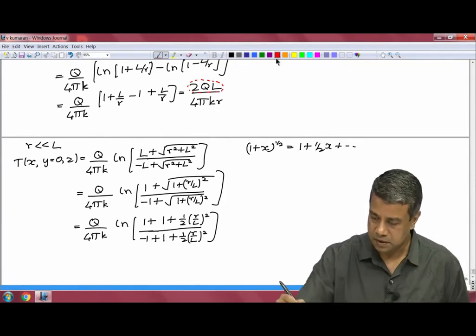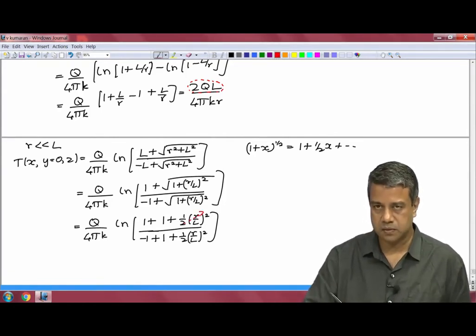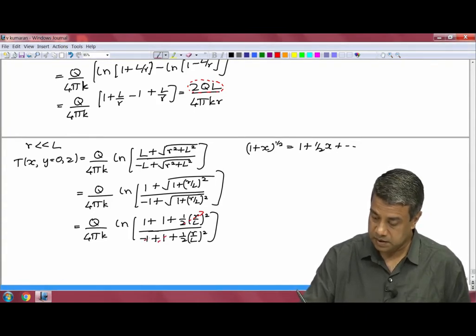In the numerator, you can neglect R by L the whole square in comparison to 1. However, in the denominator, plus and minus 1 will cancel out.